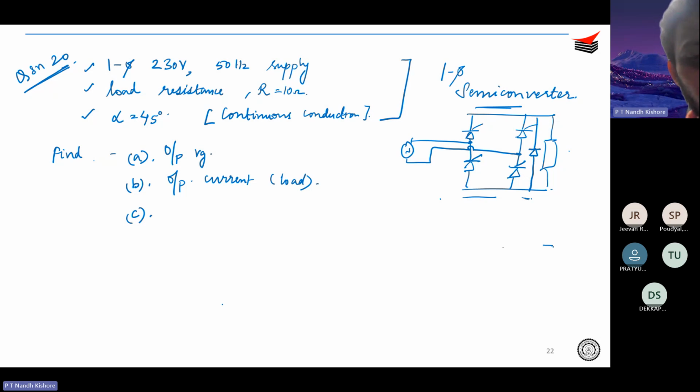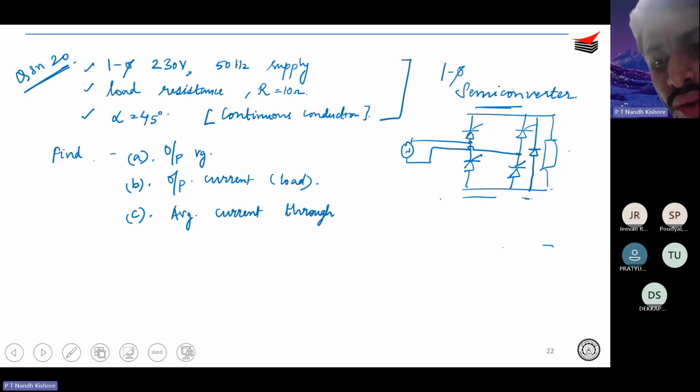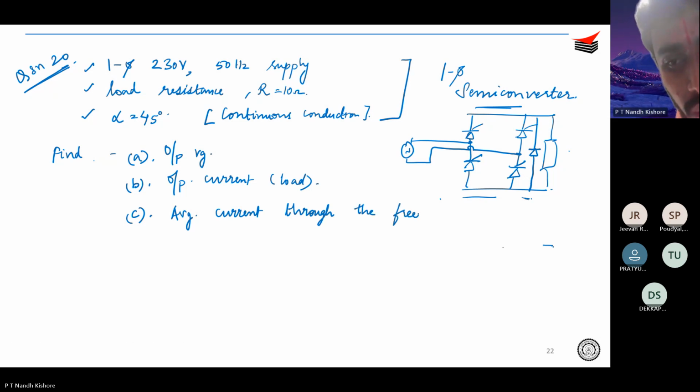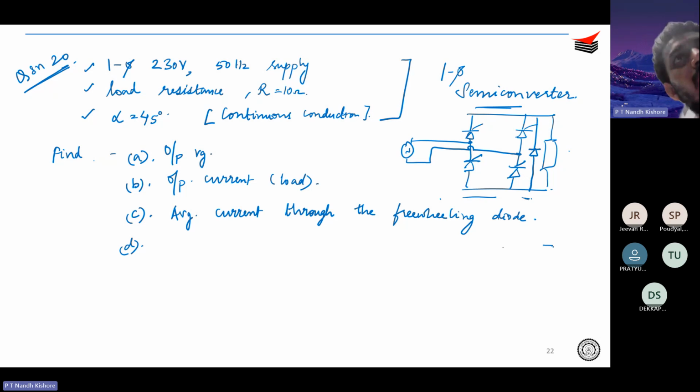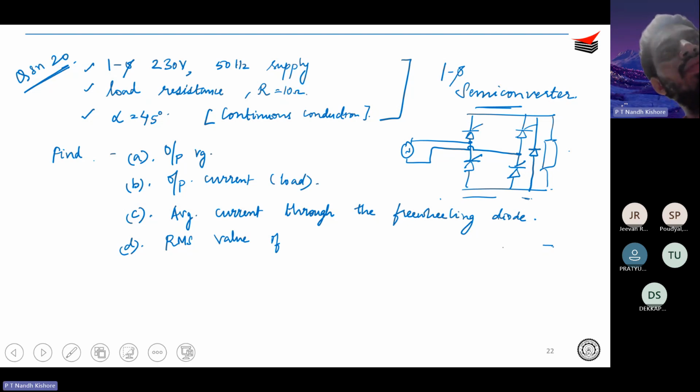Find the average current through the freewheeling diode and find the RMS value. No, not required for the RMS value. Just find these.